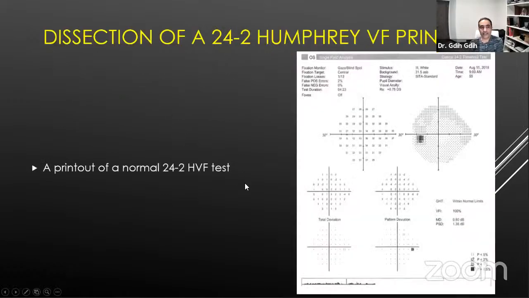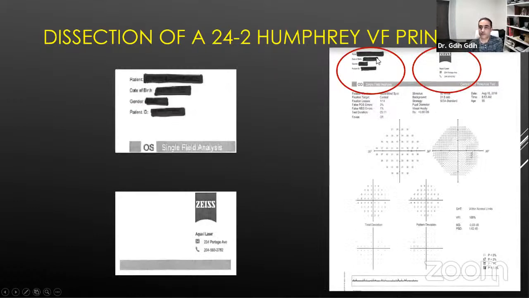So let's go ahead and dissect the 24-2 Humphrey visual field printout. We're going to identify every corner of this visual field and know what every corner means. First of all, in the upper left corner is the patient's name, date of birth, gender, and then the patient's identity number if you have one for your clinic, and also the eye that's been tested, OS or OD.